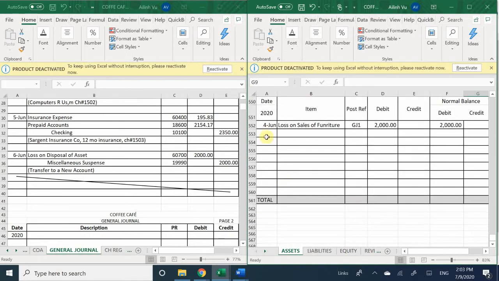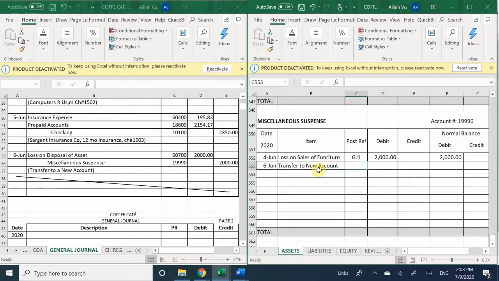So we're going to indicate here 6, 6. And now this one, I'm going to say transfer to new account. Can you scroll down a little bit so I can see the heading? Yeah, right there. Perfect. Thank you.